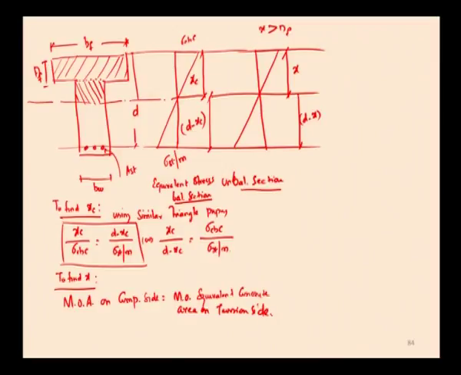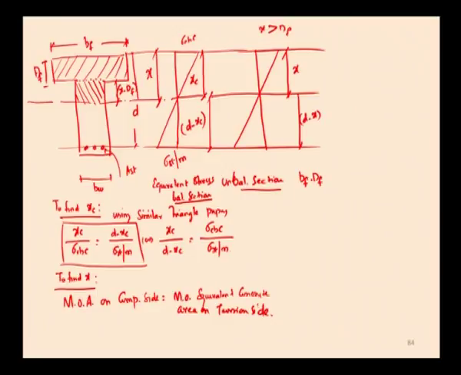So, what is the moment of area on the compression side? Here we have two portions above the neutral axis. The first portion is the flange portion, that is Bf into df, which is the area of the flange portion. The portion above the neutral axis, the compression portion, is divided into the flange portion and the remaining web portion, with depth x minus df. The depth of neutral axis is x and the depth of flange is df.